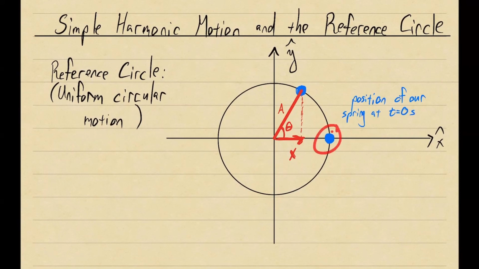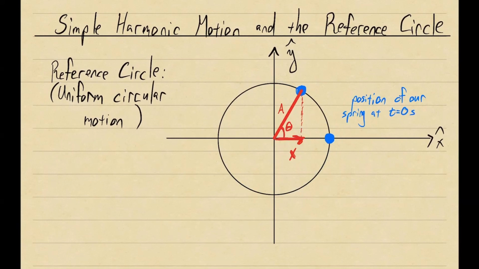It starts here, and then after t seconds, it travels this much around the circle, and its actual position, if we're in a laboratory setting, is right about here. As you go around this circle, its position is given by the x component of this triangle here.